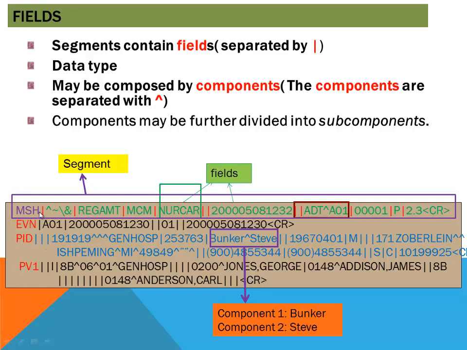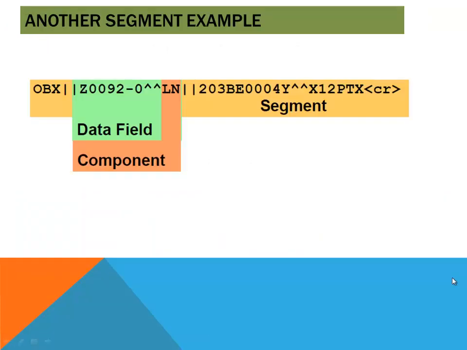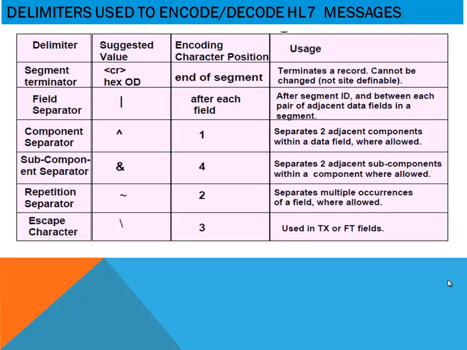That means we have 4 segments in this message. Each segment is separated by CR. Okay. So CR is an important delimiter.